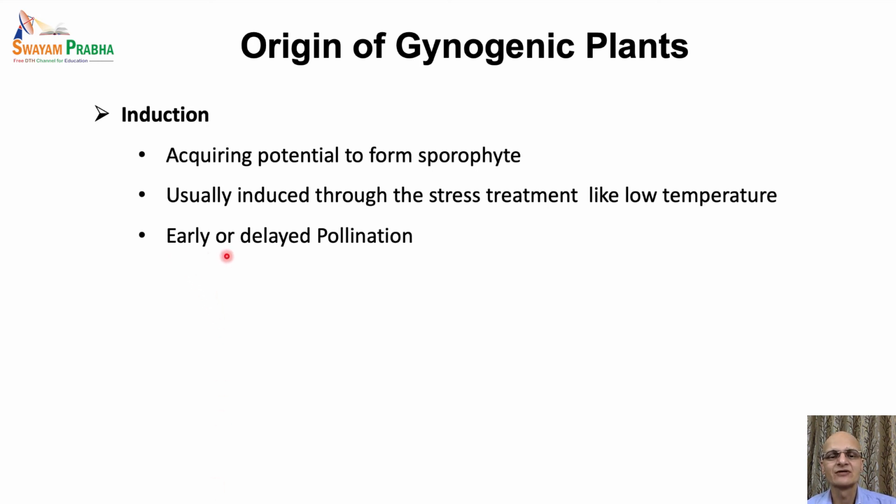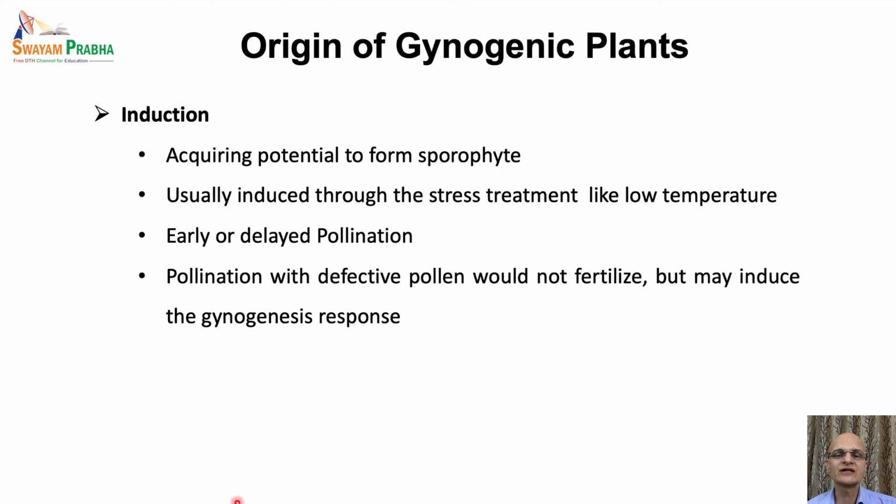Therefore, early pollination or delayed pollination can also induce gynogenesis in some plants and has been used for this purpose. Further, pollination with a defective pollen has also been successfully used for the induction of gynogenic responses.